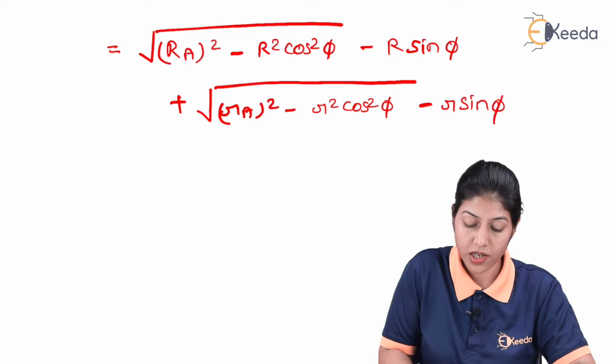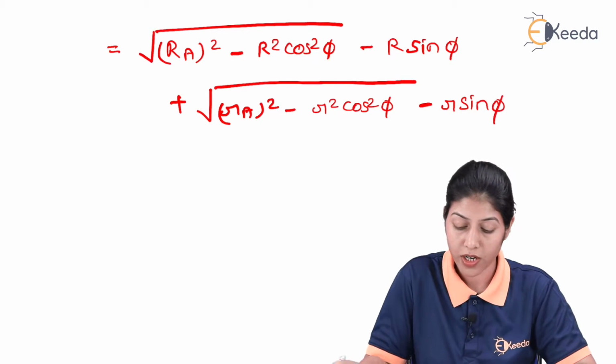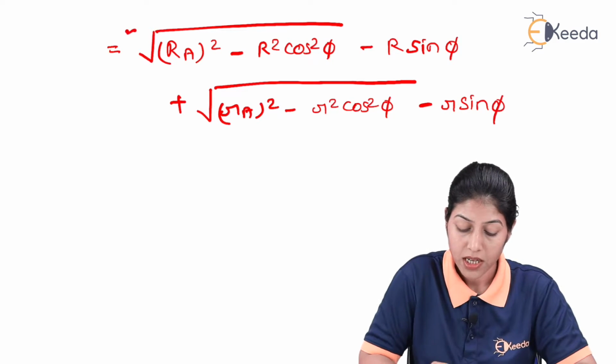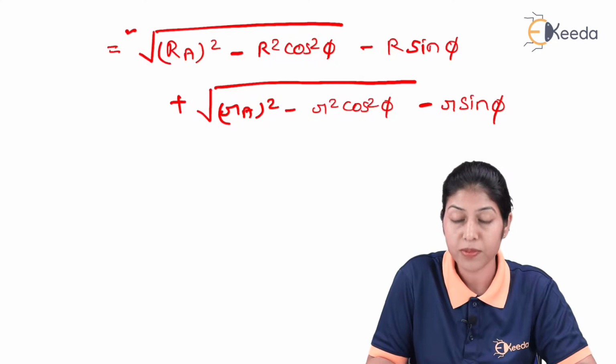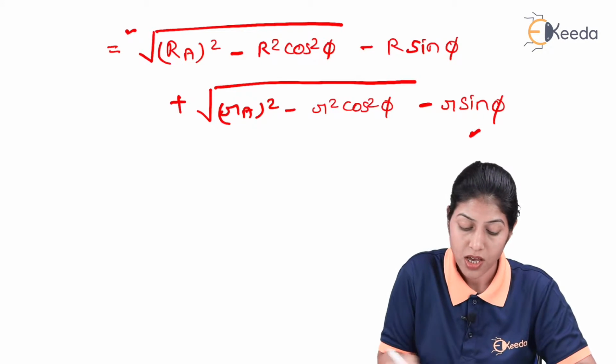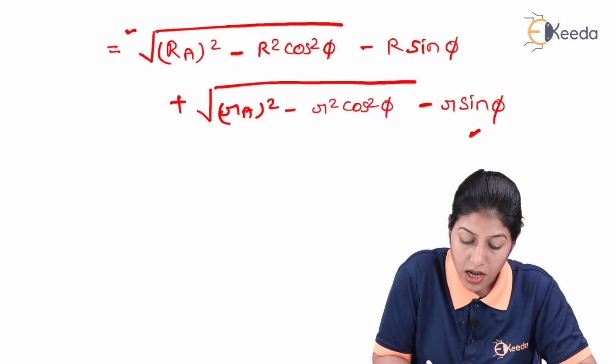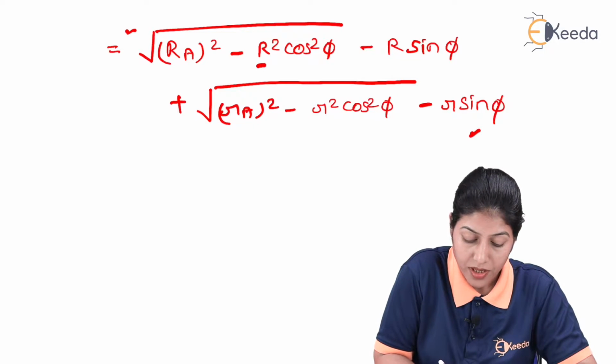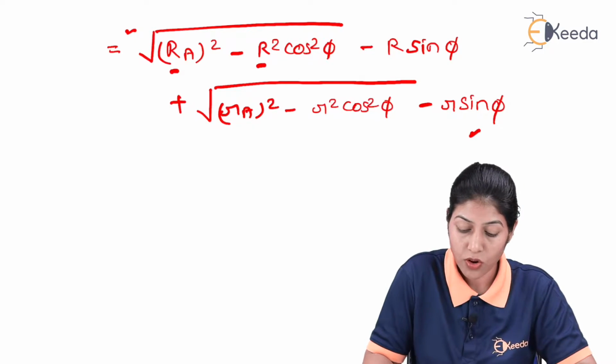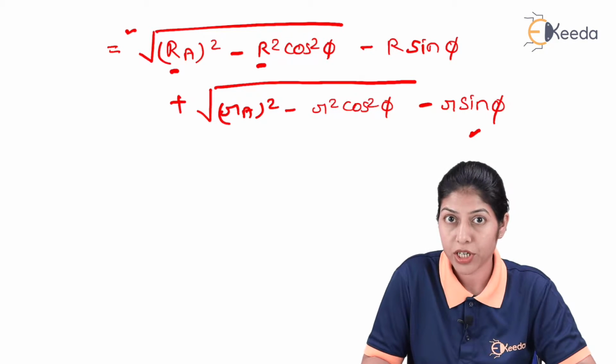So this is the general equation of length of path of contact. This term is representing the length of path of approach and this term is representing the length of path of recess. So here we need R, RA, and we have the value of phi, that is pressure angle.